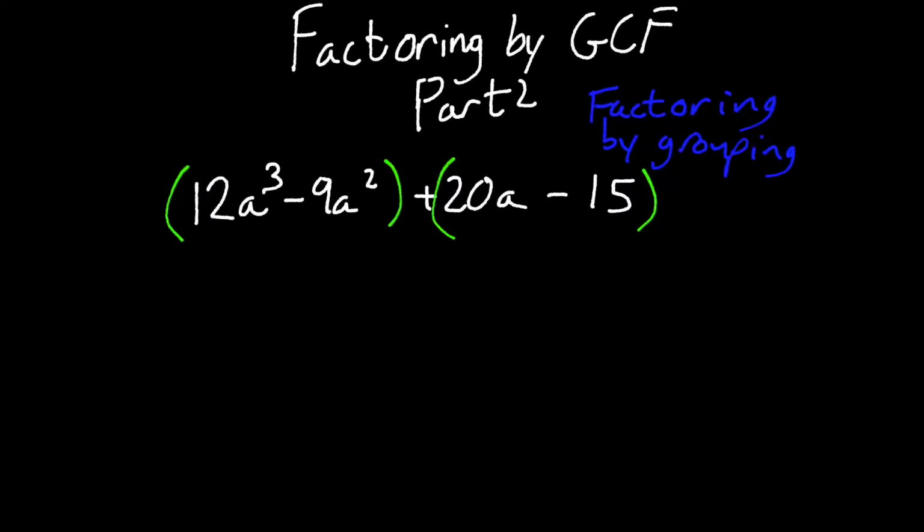So I have taken 12a cubed minus 9a squared, and I've grouped these together. And I'm going to try to find the GCF of just these two terms. And I've also grouped up 20a minus 15, and I'm going to find the GCF of these two terms.